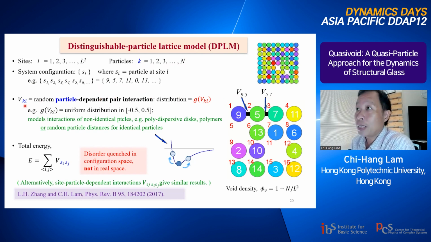So all these V_KL, for particles K and L when they are nearest neighbors, are random numbers sampled at the beginning of the simulation from a distribution we call G(V), which, for example, may be the uniform distribution. All these random pair interactions may be because the particles are really different, or it may just be because of frustration. That is, the local elastic environment everywhere is different.